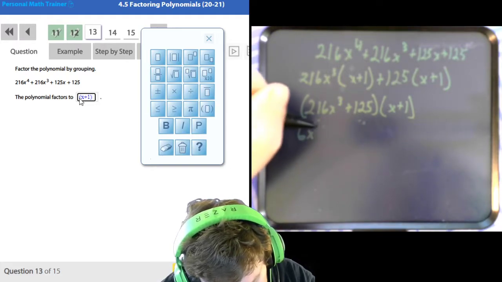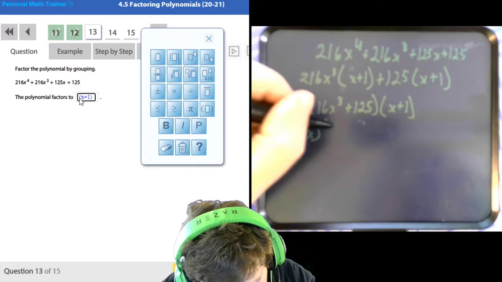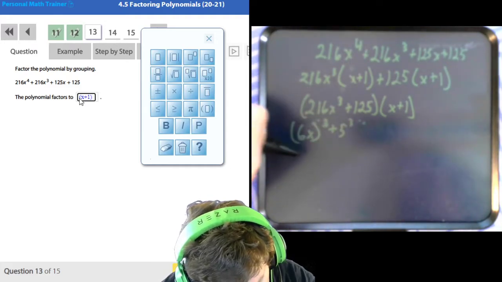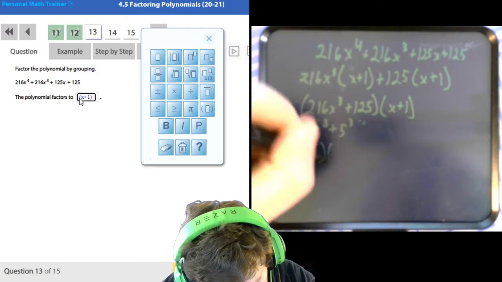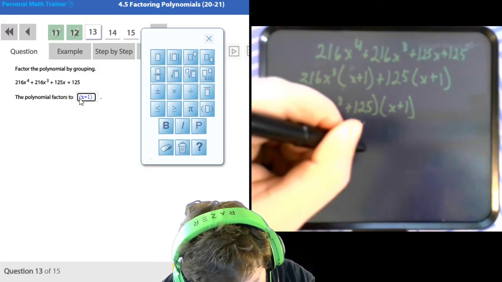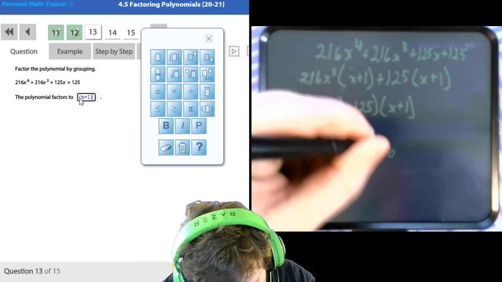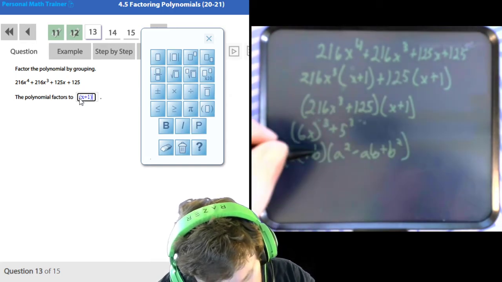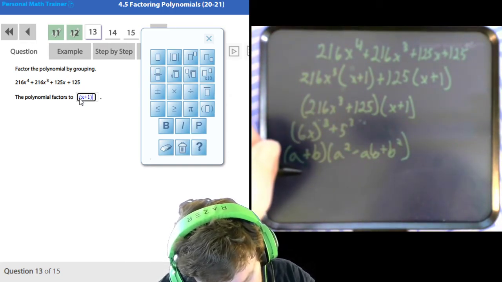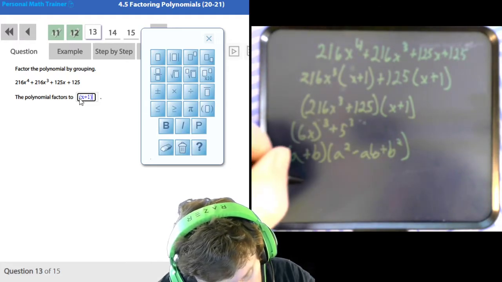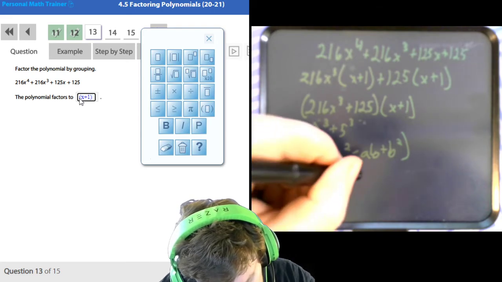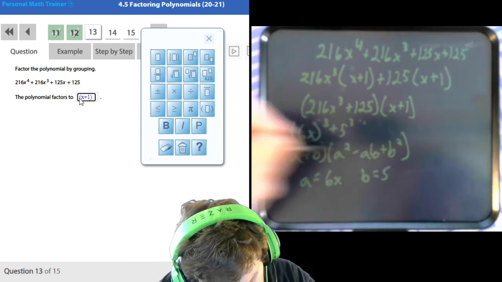And then we've got 6x cubed plus 5 cubed. So that means we have a plus b, a squared minus ab plus b squared. And this is in the case of a equals 6x and b equals 5.